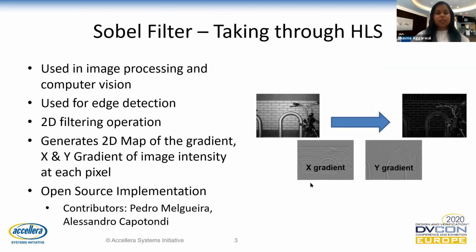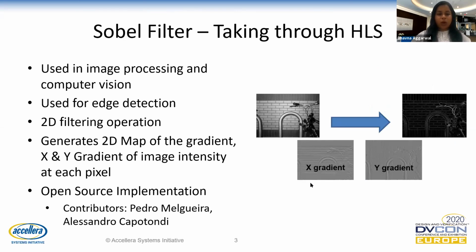As already mentioned, for our research, we chose a widely popular software algorithm, which is an edge detection image processing algorithm commonly used for image segmentation and data extraction in computer vision and machine vision, where it creates an image emphasizing edges.